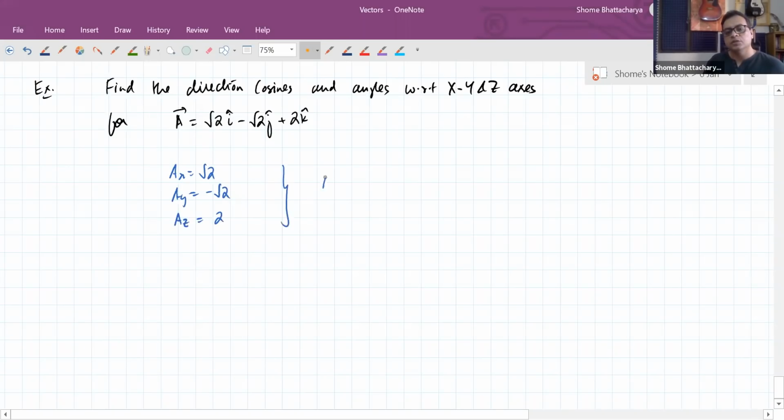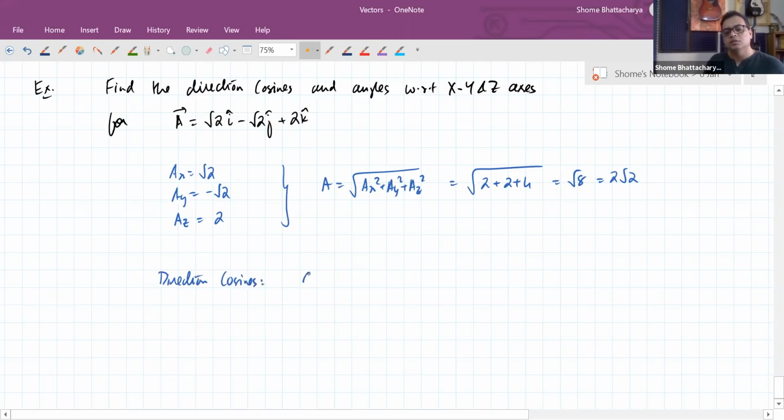From this we can also see the magnitude of the vector A. That will become square root of 8, or 2 root 2. So the direction cosines we can directly express from the formula.